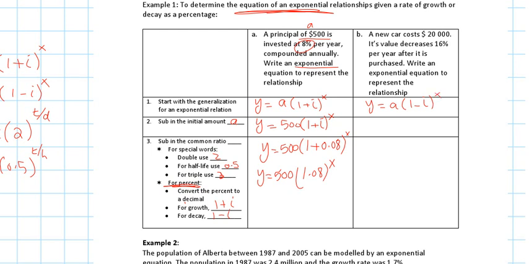Okay? And do I know what A is? So your initial value is 20,000. And then what's my i? Which is 0.16.